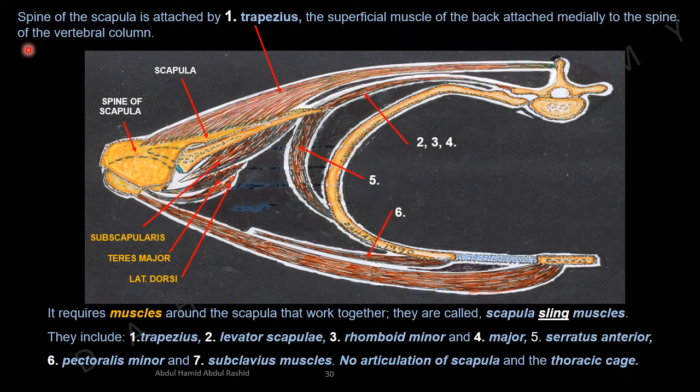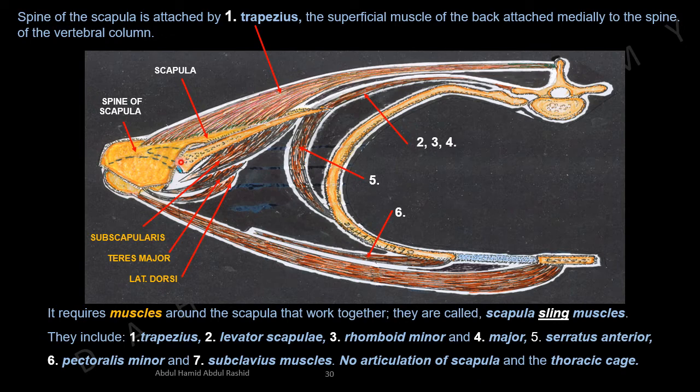This diagram is the continuation of the previous diagram. In this diagram, we added the spine of the scapula and the muscles attached to it, that is the trapezius muscle, which is attached to the scapula and medially attached to the spines of the vertebral column. This is the superficial layer of the back muscles.